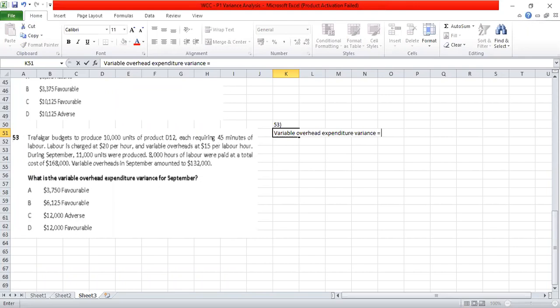Variable overhead expenditure variance. So what is variable overhead expenditure variance is what we have to check.